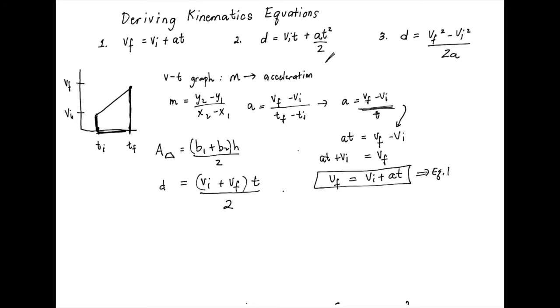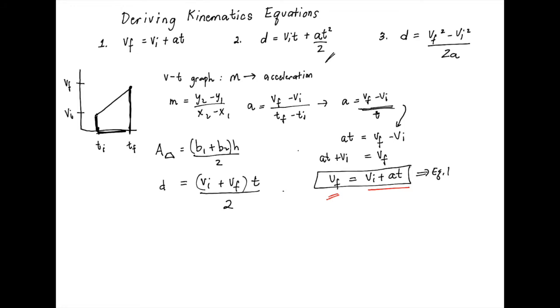Next, let's define this as d equals Vi plus Vf times t over 2. Remember that we have our Vf, and that is Vi plus At.